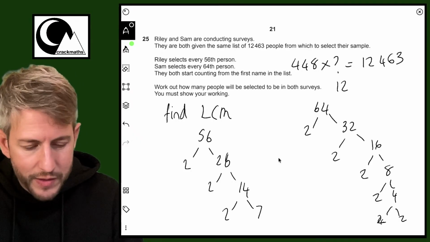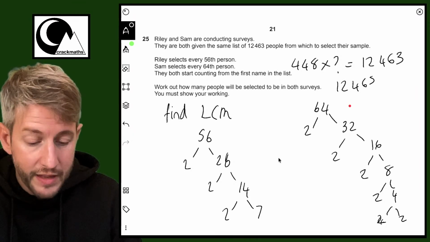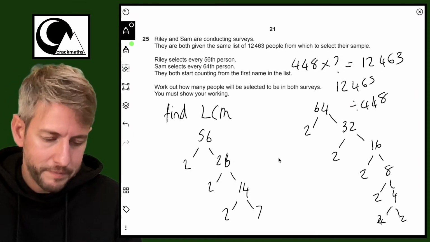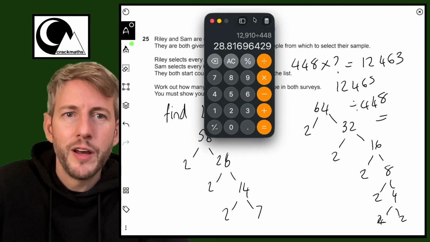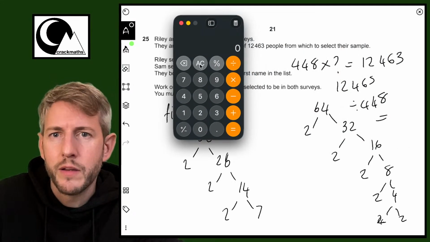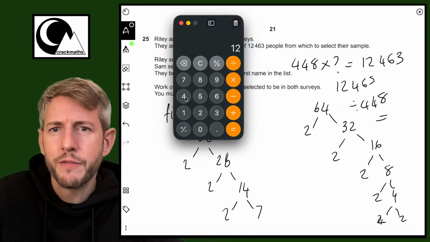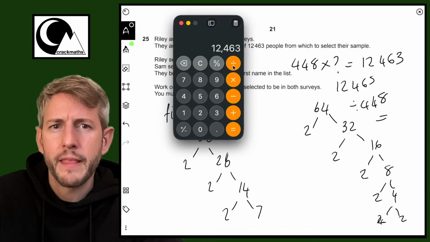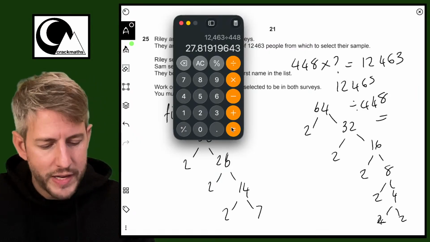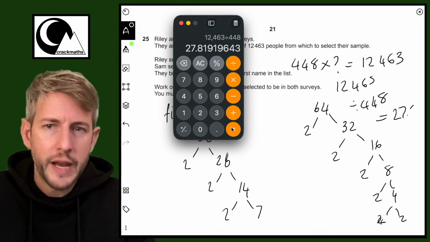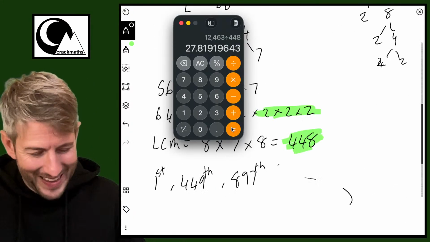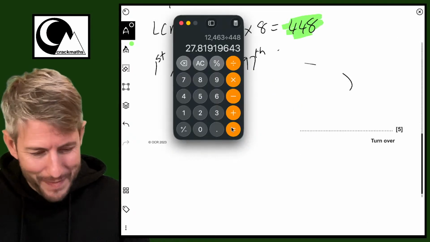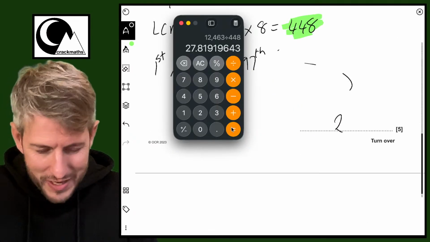So we do 12,463 divided by 448 and get what this equals here. So there we go. 12,463 divided by 448 is 27.8, which will be 27 people. Right, I'm very sorry about that. Goodness me, that's very embarrassing. 27 people.